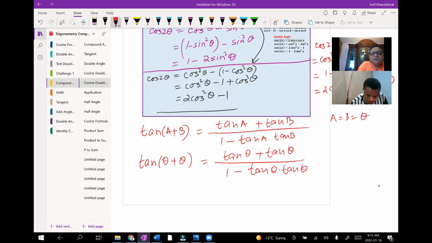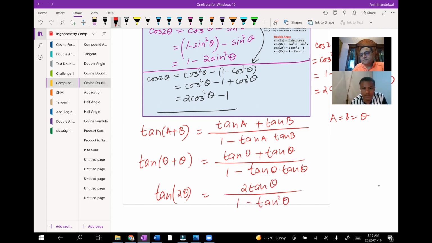Yeah. So we have the double angle formula for tan also, which is 2 tan theta over 1 minus tan square theta, correct? So now we have double angle formulae for sine, cosine, and tangent ratio, correct? Does it make sense to you?